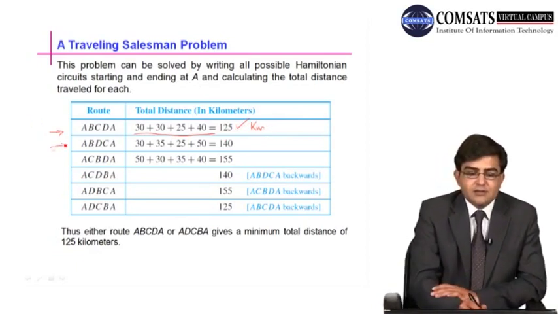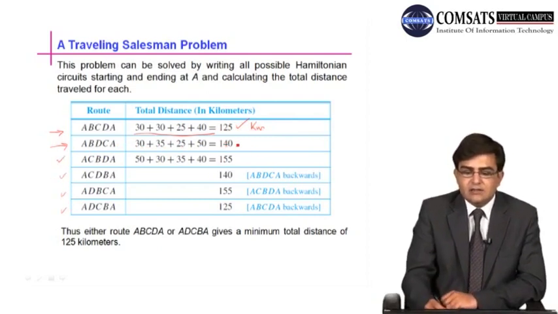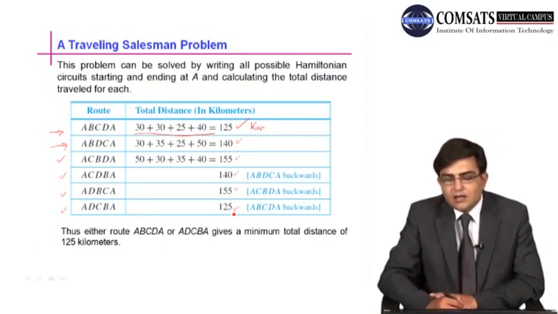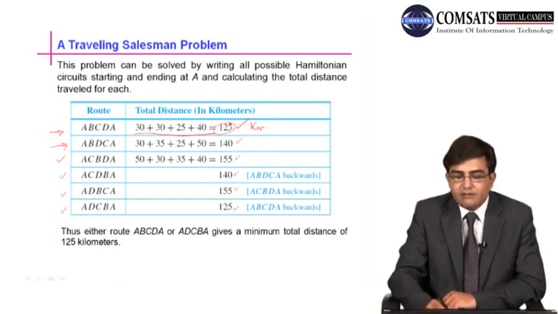If he chooses this route A, B, D, C, A, the distance traveled will be 30 plus 35 plus 25 plus 50, which is equal to 140. All other routes will give him these distances in kilometers. So what is the minimum distance? Obviously 125 and 125 here.